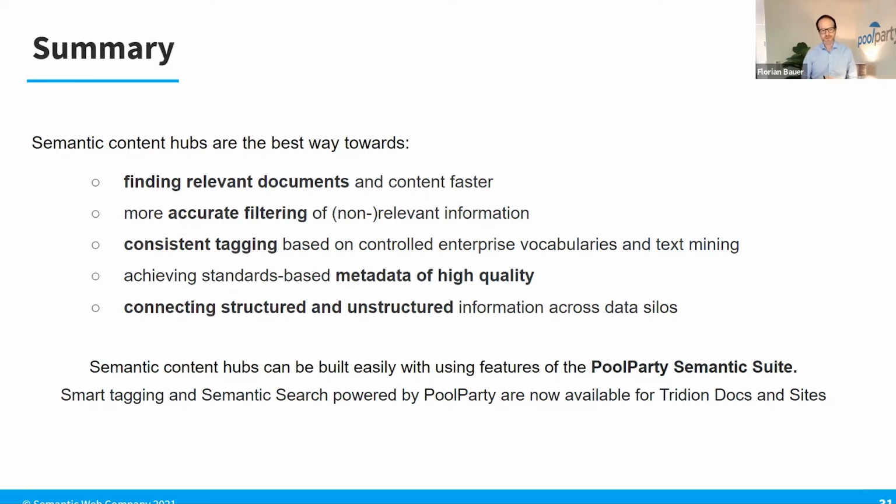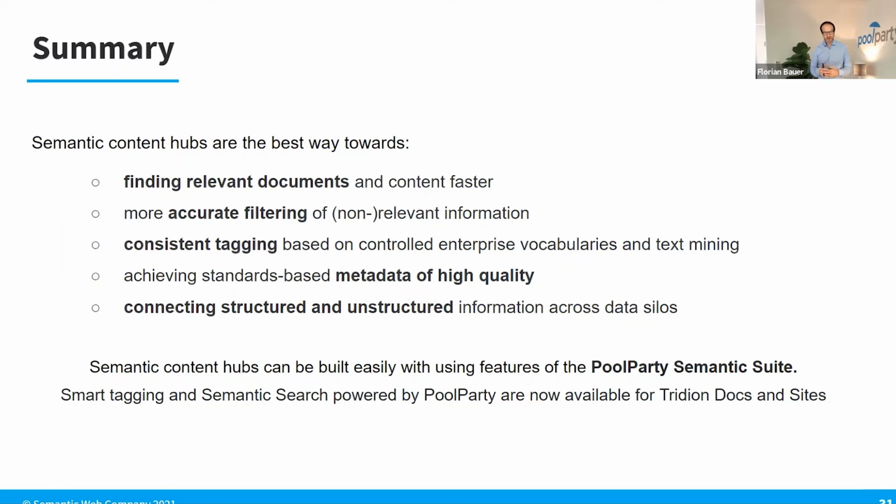What we do there is we achieve high standards based on metadata of high quality, and metadata is really important to have in a quality-ensured way. And last but not least, it is the possibility to connect structured and unstructured information across various different systems, because that's the challenge that most organizations actually face.